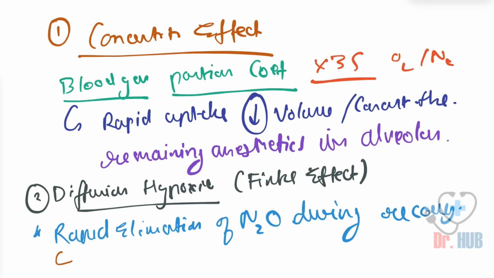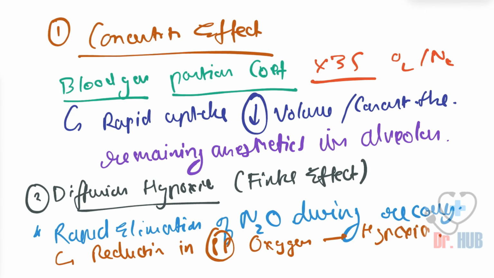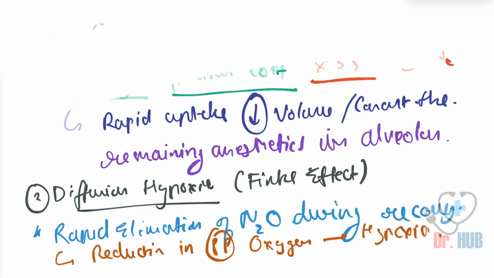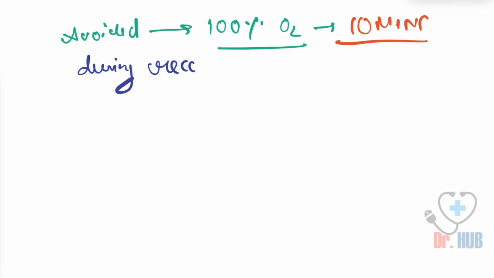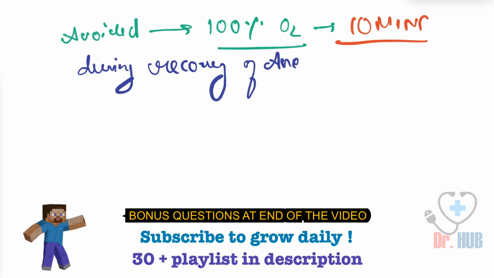This causes a reduction in the partial pressure of oxygen, and this leads to hypoxia. It is avoided by using 100% oxygen for 10 minutes during the recovery from anesthesia.